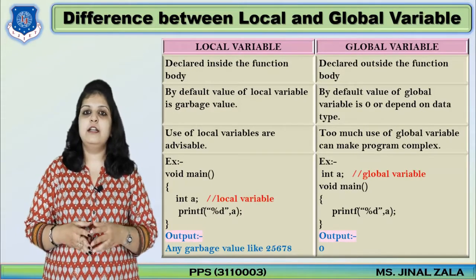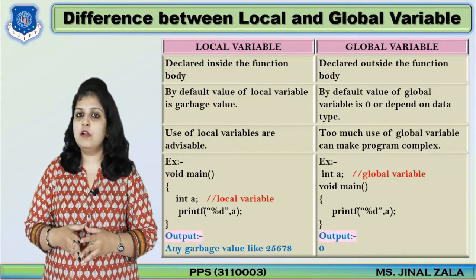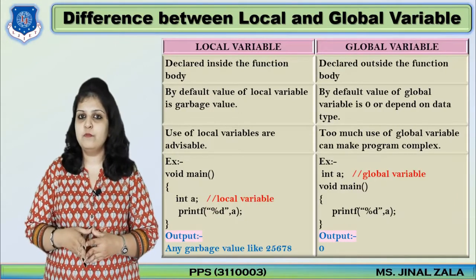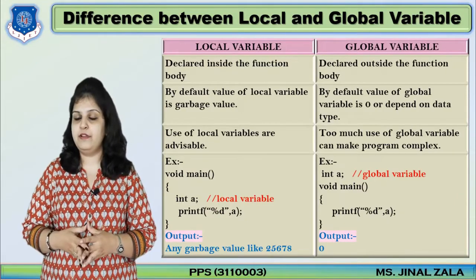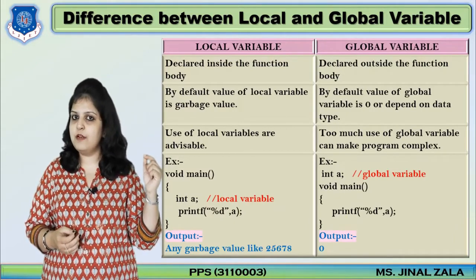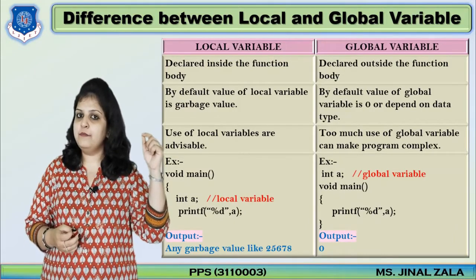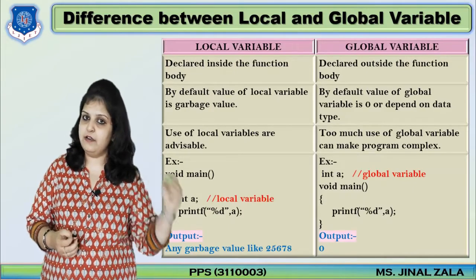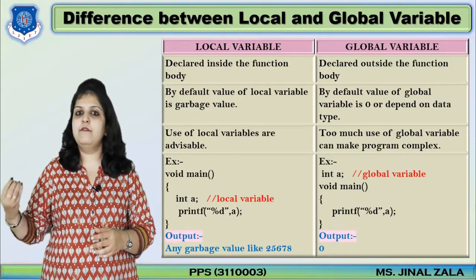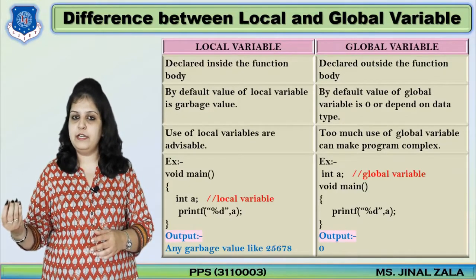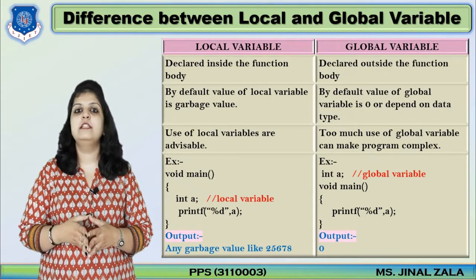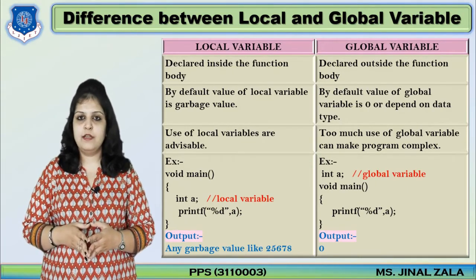Then the third difference: use of local variables is advisable, and too much use of global variables makes a program difficult. Why? Because if I declare int a as a global variable and use the same variable in 5 different functions, then when the value of the variable is updated, it becomes complex to understand. That's why always use local variables.